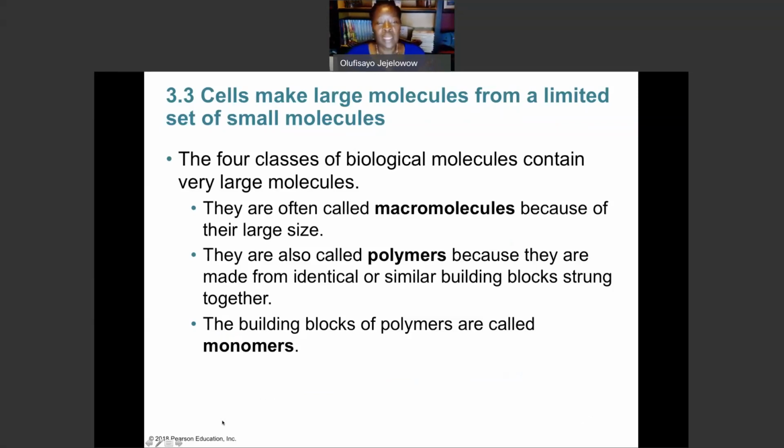So the 4 classes of biological molecules contain large molecules. We call them macromolecules. Those macromolecules are also called polymers because they are built just like a house is built from small bricks that are put together to make a big building. The smaller molecules that build the polymers are called monomers.